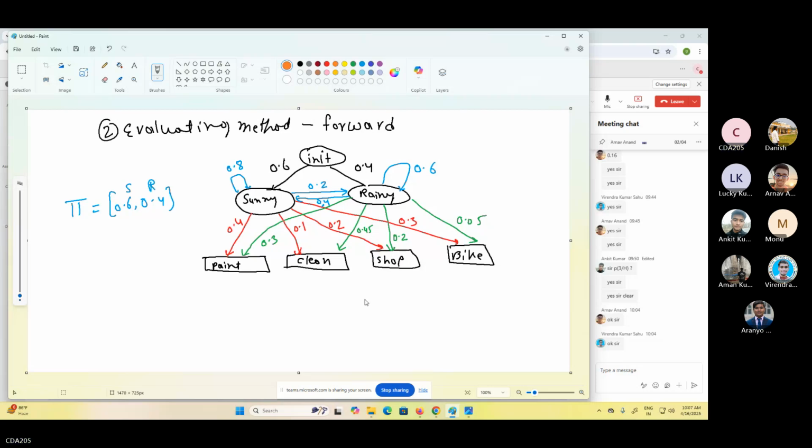Now everyone kindly find the transition matrix, or probability. That is A. A is equal to, what is the value? Can anyone tell what is the value of A? S and R: it is 0.8, 0.2, 0.4, 0.6. Now what is the emission matrix?